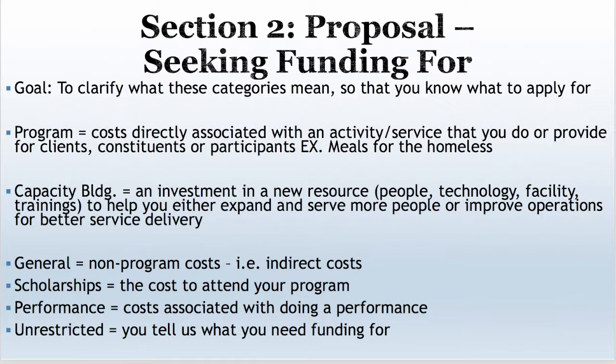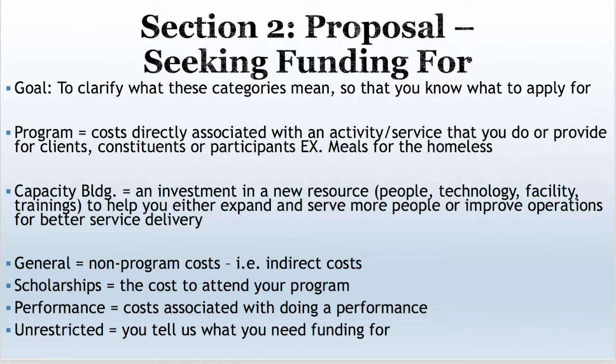So this slide is about what you are seeking funding for. We want you to check the box which is most appropriate to you. We have 6 boxes, one of which is unrestricted. The meaning behind unrestricted funding is that we feel you know better than we do how to allocate your money.